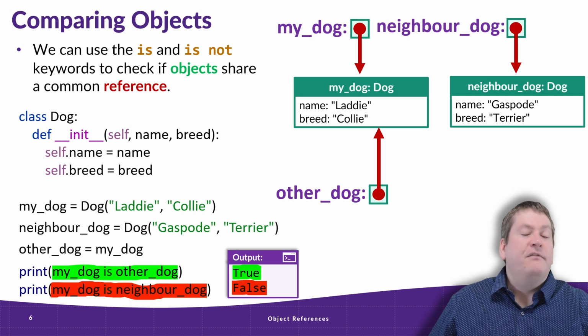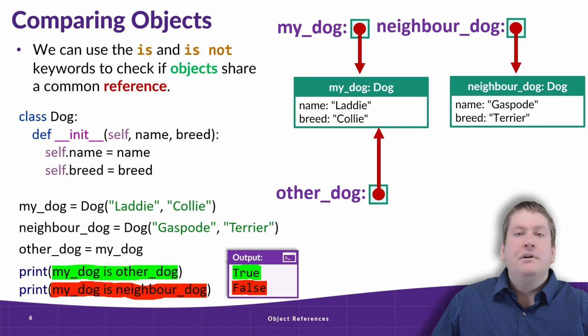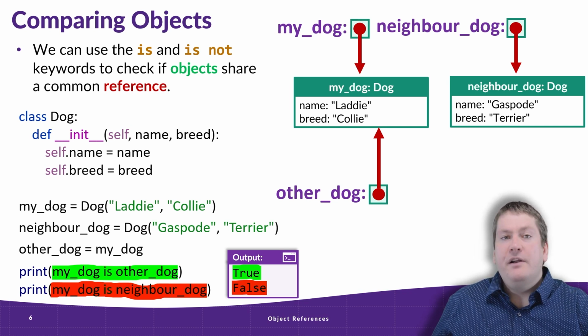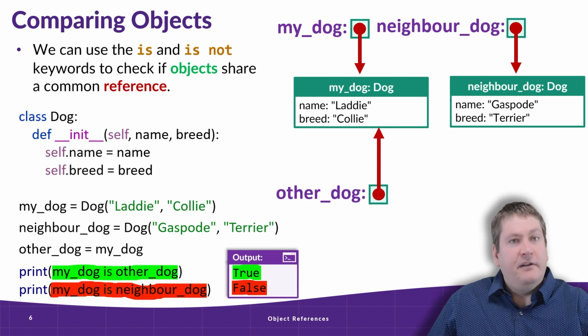This means we get a false because they aren't referencing the same object. So is and is not can be quite useful for checking if our variables are referencing the same object. Is not works the same way except the output's flipped. If they're not referencing the same object, we get a true, and if they are, we get a false.